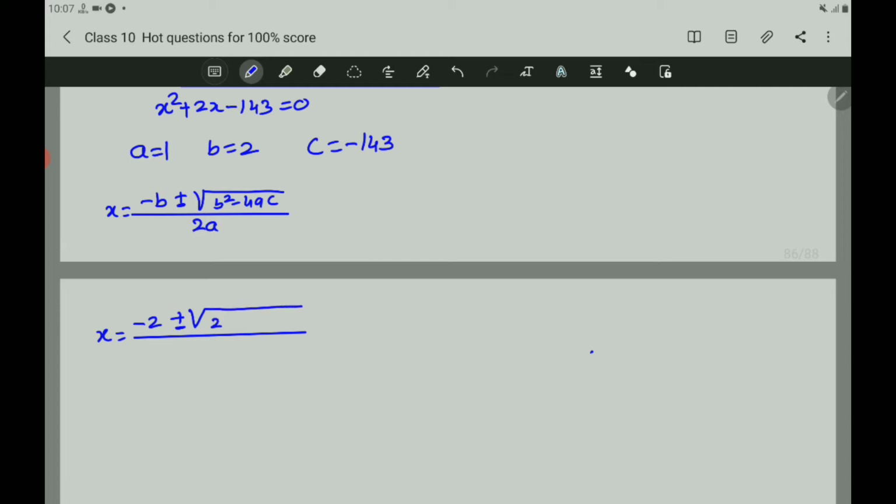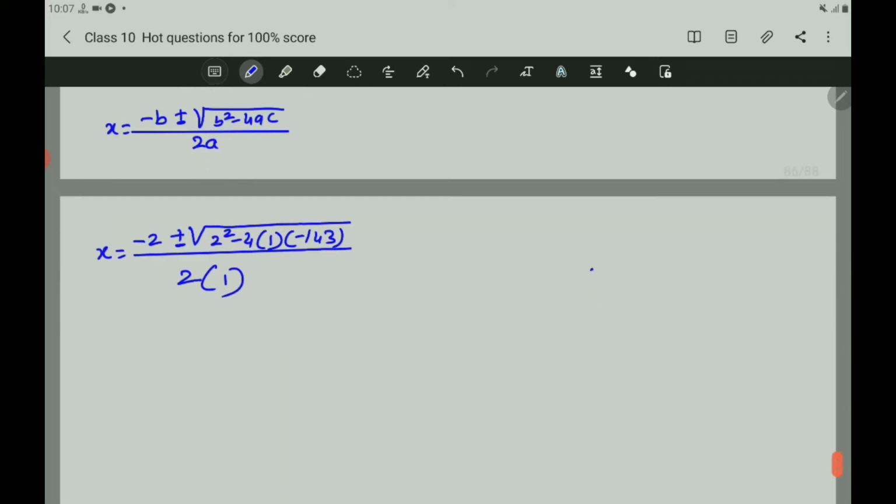Again b square is 2 square, minus 4 into a is 1, c is minus 143, by 2 into 1. Then you write x equals minus 2 plus or minus root of 2 square, 2 square is 4, minus the product of 4 into 1 into 143.